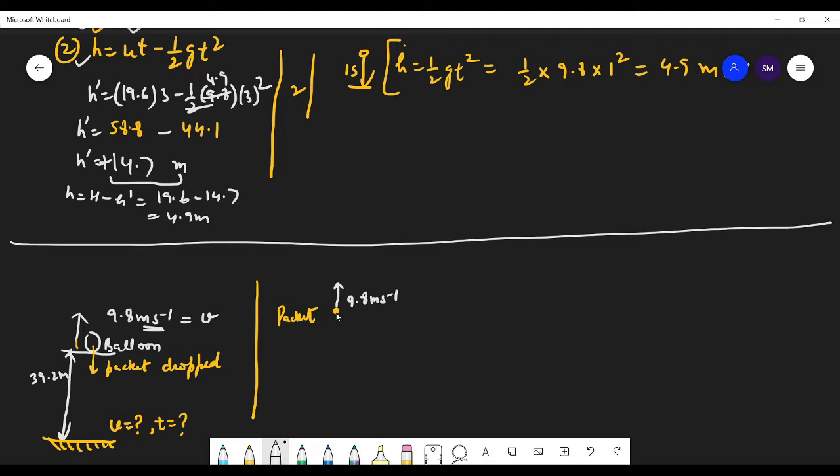But the only thing is that as you have removed the packet from the balloon, balloon will still keep on going up. But the packet, as it is outside the balloon now, will first go up and only come down when its velocity is 0. So its velocity will be 0 here, and then it will come down to earth.